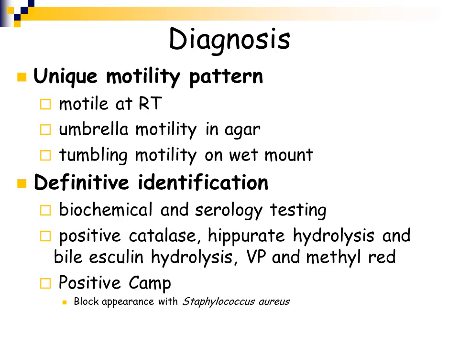In order to definitively diagnose Listeria, you have to do more extensive testing, such as biochemical testing, serological based testing. It is catalase positive. It's also positive for hippurate hydrolysis and bile esculin hydrolysis, as well as Voges-Proskauer and methyl red. It also is positive for the CAMP test.